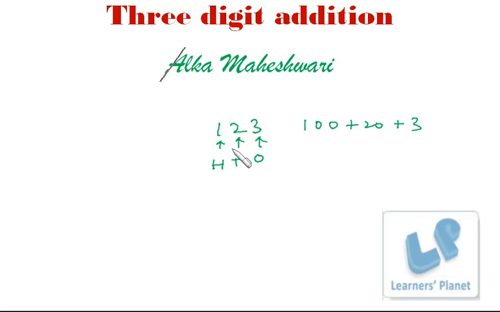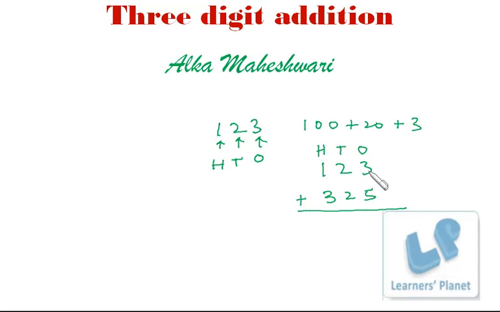So when we add two three-digit numbers, we write down like this: 1 2 3, with the 100s, 10s and 1s, and another three-digit number, suppose 3 2 5. We write the numbers like this, then you add the numbers at the ones place.